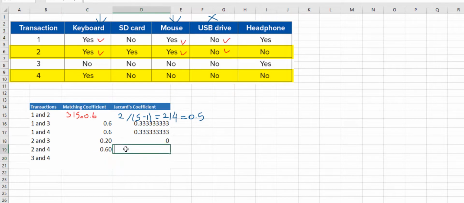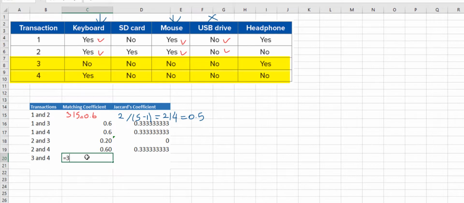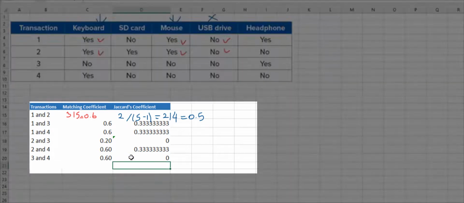For Jaccard's, we have one positive and 2 negative outcomes. That's why it's 1 over 5 minus 2 and it's 0.33. For the last one, we have 3 matching. And for Jaccard's, we have 0 positive matching, but 3 negative matches. That's why it's 0. Let's summarize our results.